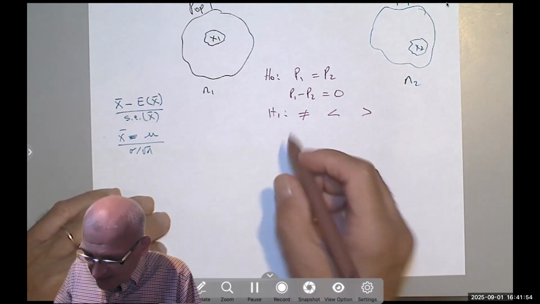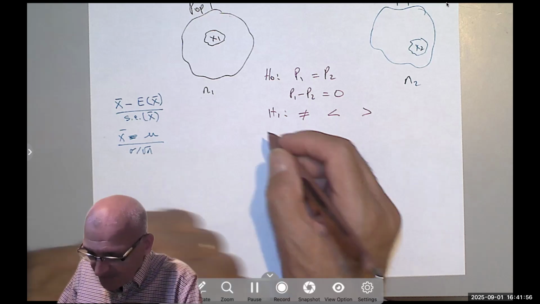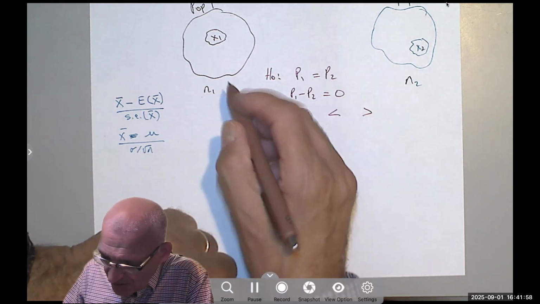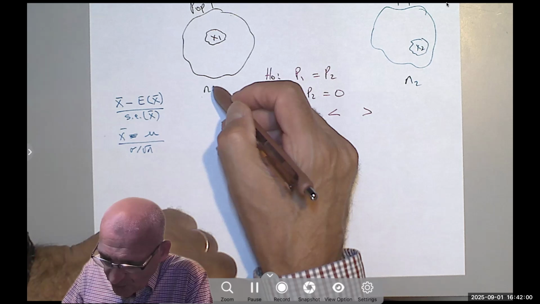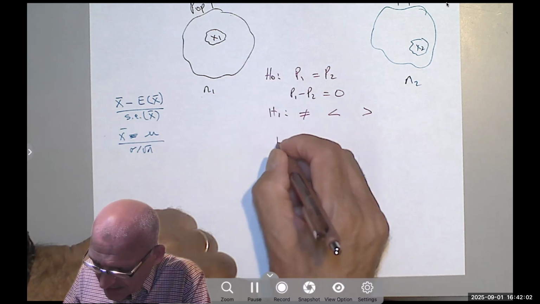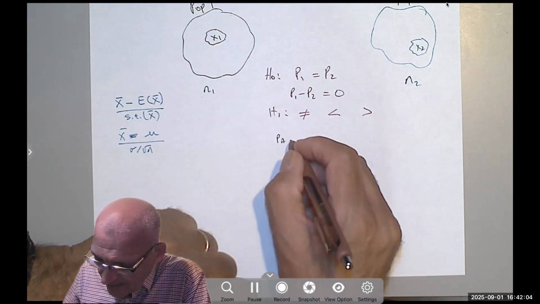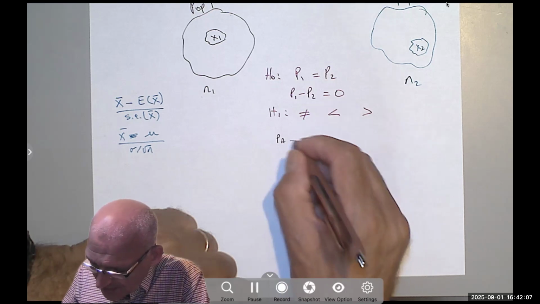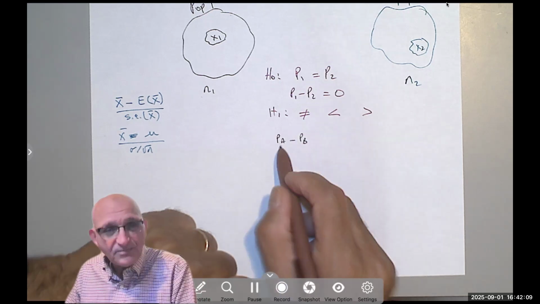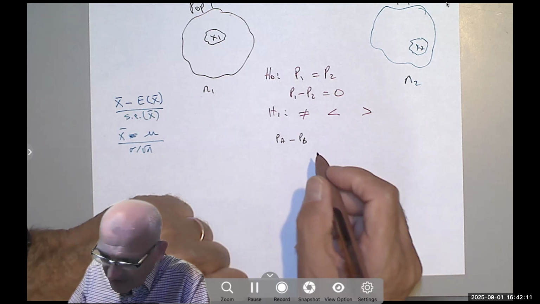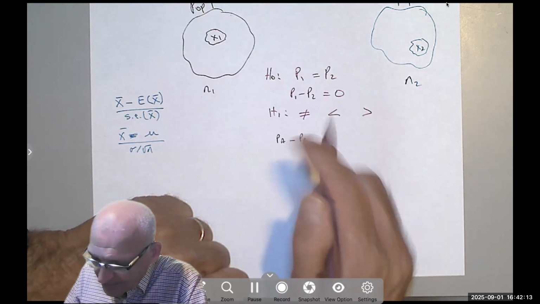We say, okay, I'm going to estimate that. So I'm going to call maybe the estimate x1 over n1 is p sub a, and the estimator of p2 is p sub b, because I'm taking samples, right? This is the whole population, but I'm taking a sample.